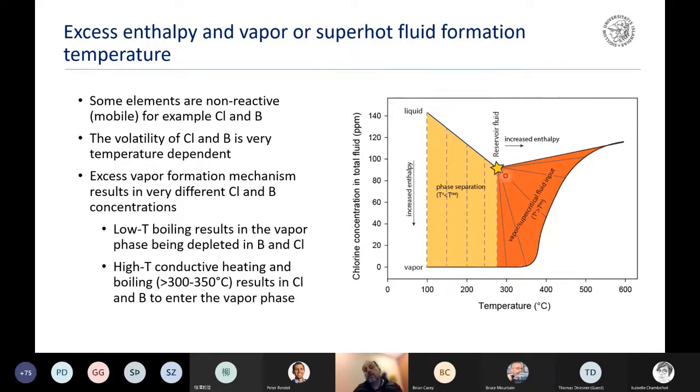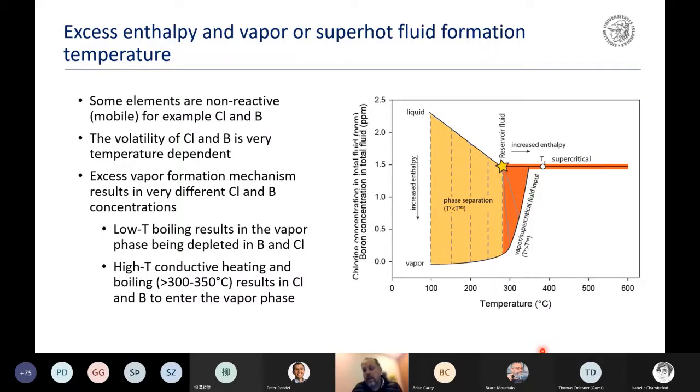If you heat up such a reservoir fluid towards supercritical temperatures, the chlorine eventually becomes volatile and enters quantitatively the vapor phase or supercritical phase. And the turnaround is maybe somewhere at these lower temperatures, somewhere between 350 and 450 degrees.